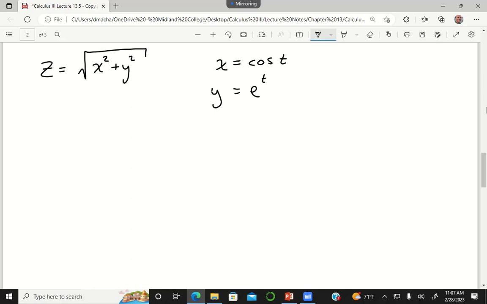And so the question is, what is dz dt when t is equal to 0?